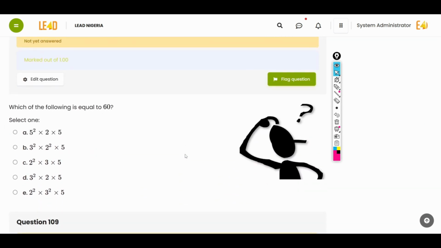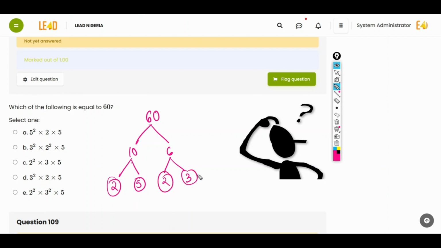Okay, this says, which of the following is equal to 60? So we just need to rewrite 60 in index form, prime factorization. Let's split 60 into 10 times 6. 10 can be split into 2 times 5, so I can circle that. And then 6 can be split into 2 times 3.